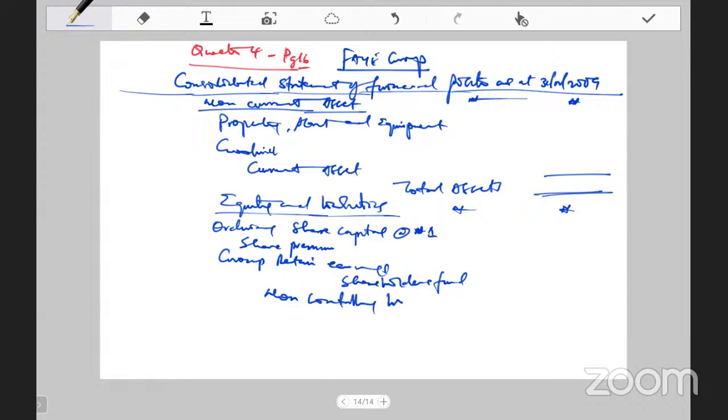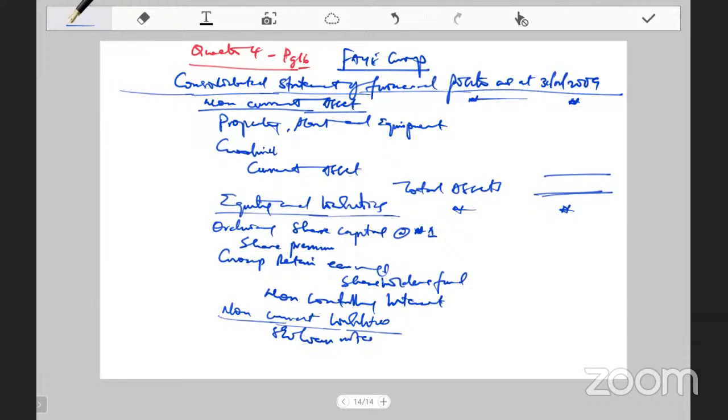After my shareholders' funds, I have my non-controlling interest. As you move on into other questions, you might see me using 2 pages. Even in this question, I might likely have to, because I also have my non-current liabilities, and my non-current liability is the 8% loan note.